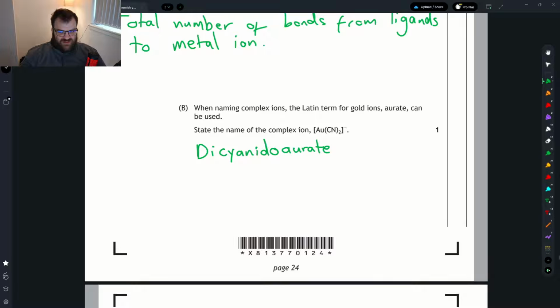Next thing we need to do is work out the charge on the gold. What it's saying is overall 1 minus charge on the whole complex. Cyanido is CN negative. We have got 2 of them, which means we've got 2 minus coming from the cyanidos. How would you get -1 overall? Well, the only way that would work is if the gold was 1 positive, that would give you an overall 1 minus charge.